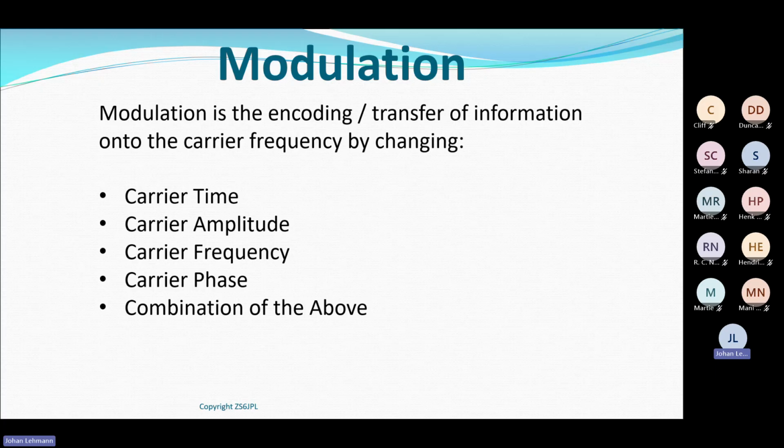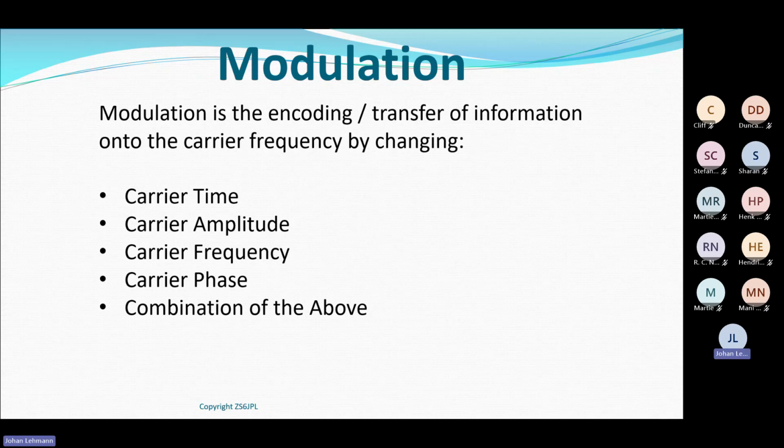And I can do that in different ways. The first one is I can change the carrier frequency's time, and we'll show you how we do that. We can change the carrier frequency's amplitude, and we'll show you how to do that. We can also change the frequency that it is oscillating on.